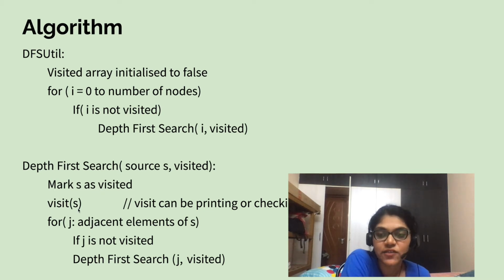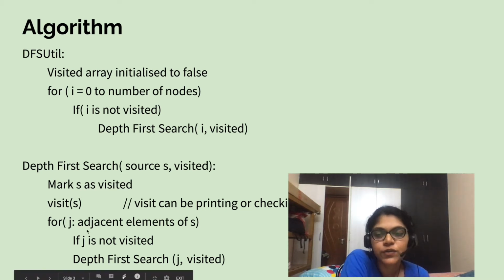We'll mark s as visited and then we will visit s. Here the visit function indicates that we will be either printing or checking the current value against the target, depending upon our use case. We loop through the adjacent elements of s, and if any element is not visited, we call the depth first search function on that node.